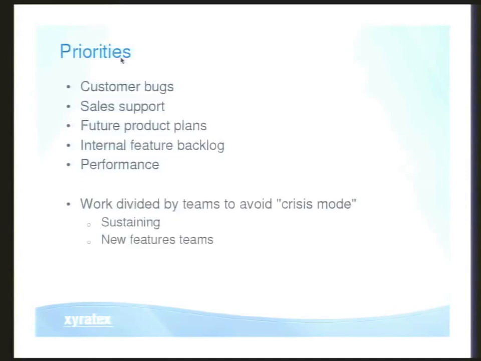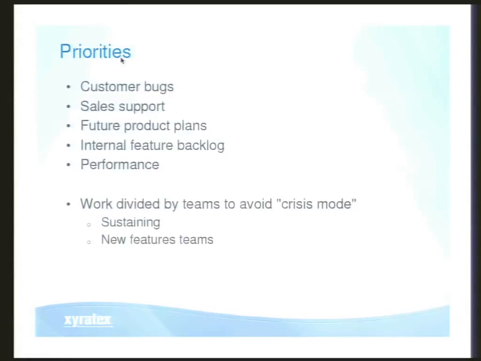Our own future product plans are dependent on our own forecast of what we need to provide to future product development. And then we have a long list of stuff that we're already working on, our feature backlog, that we have to fold into this big prioritization schema.